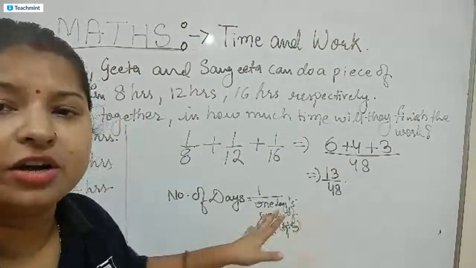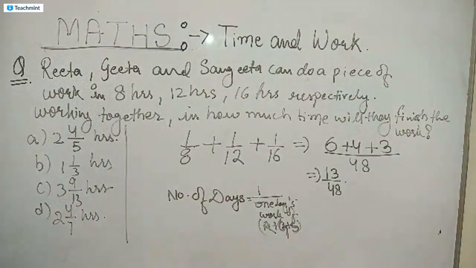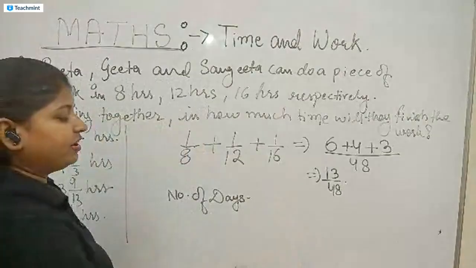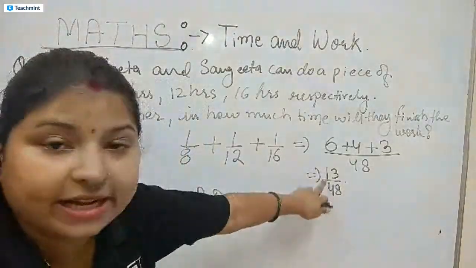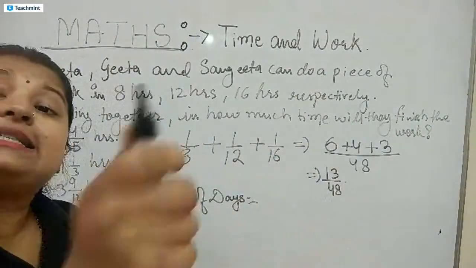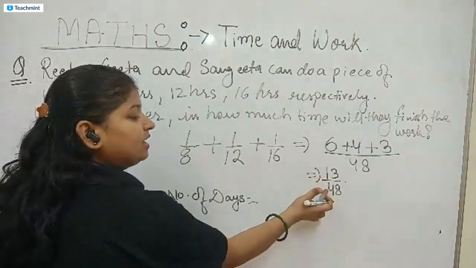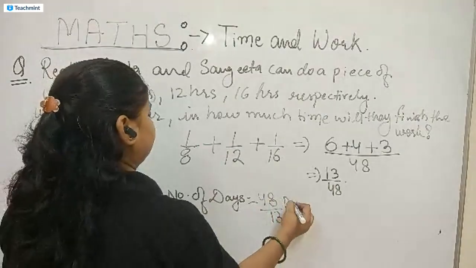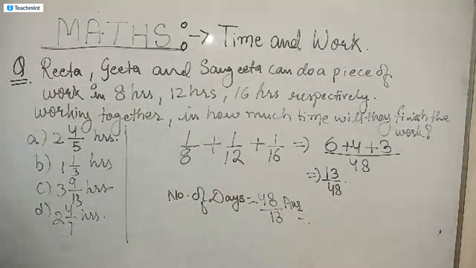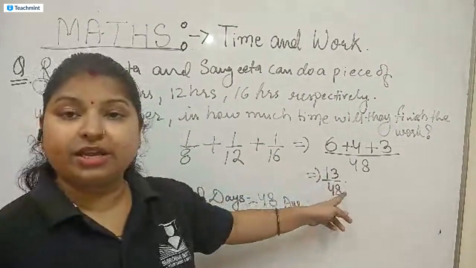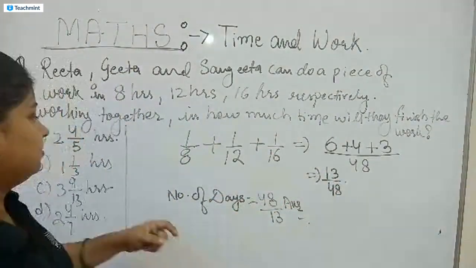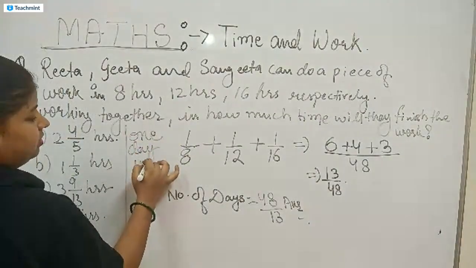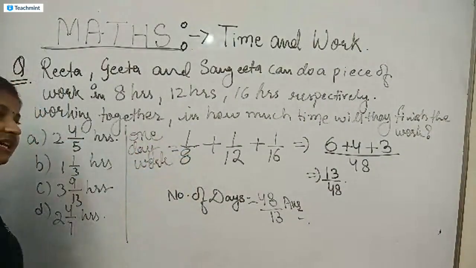But why go for this? Just simply remember, beta, whatever is the one day work, just take its reciprocal. So if it is 13 by 48, your answer would become 48 by 13. That's it. This is the one day work of Rita, Geeta, and Sangeeta.